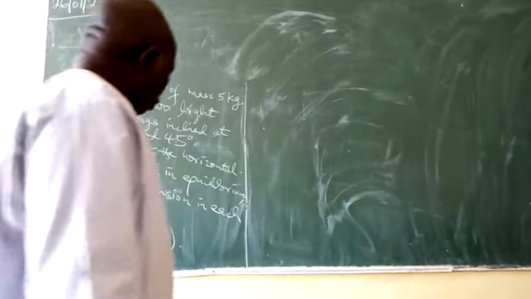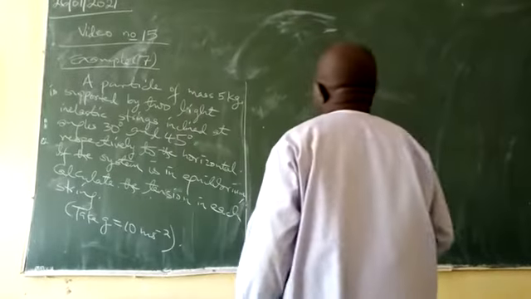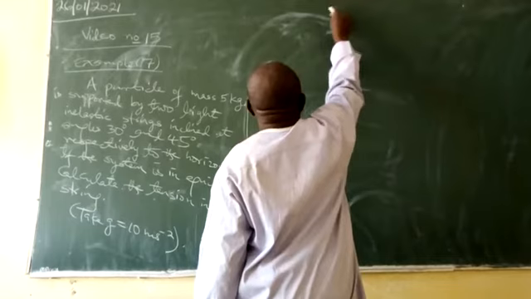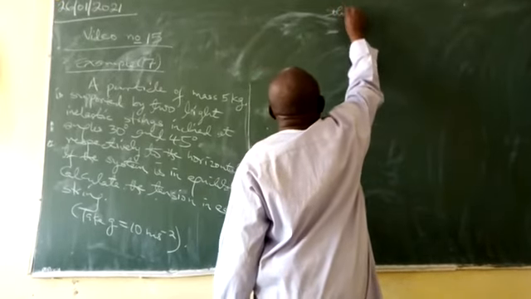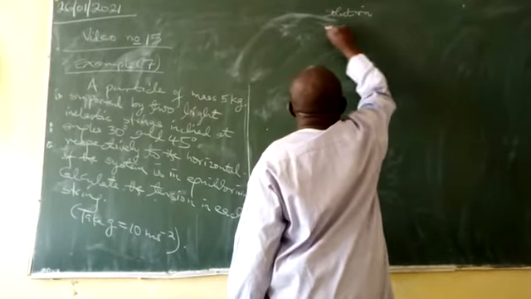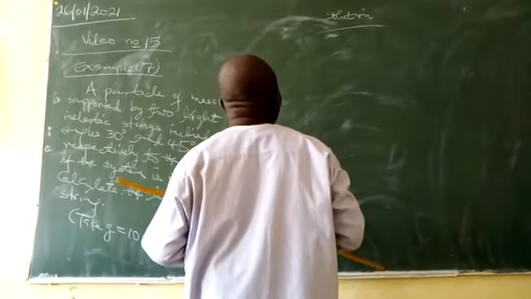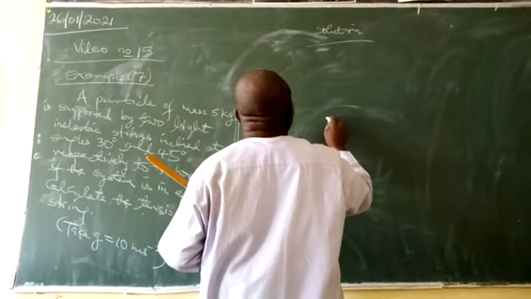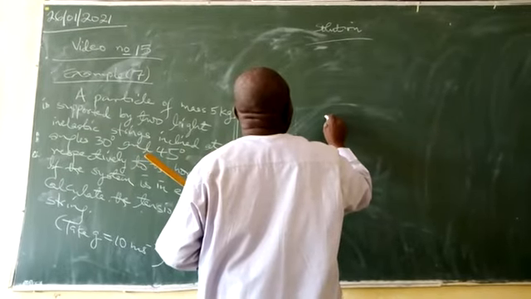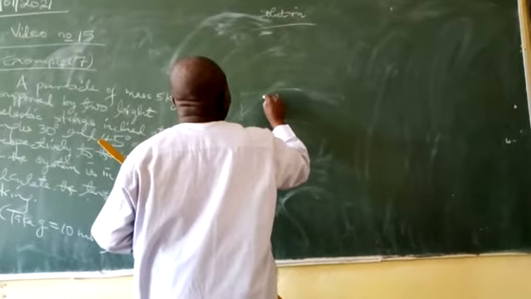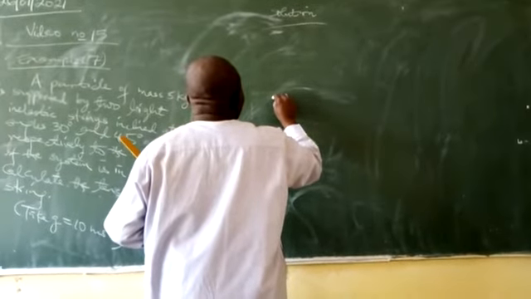So, we solve this question by first of all drawing the diagram. Now we are told that we have a particle. Let me just use this dot to represent it.